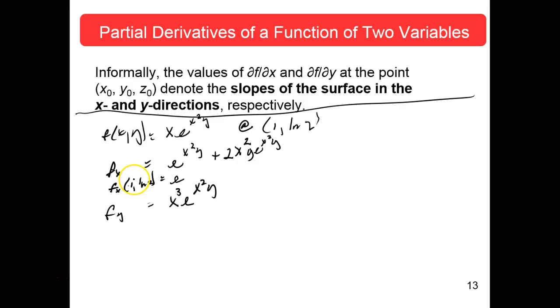So x squared would be 1. So that would be 1. The first part's 1. And times the y is log 2. E to the log 2. Okay? Because the x is 1 here and x squared is 1 here. So the y is just log 2. So it would be 1 times log 2, which is log 2. Okay, there's the first term.